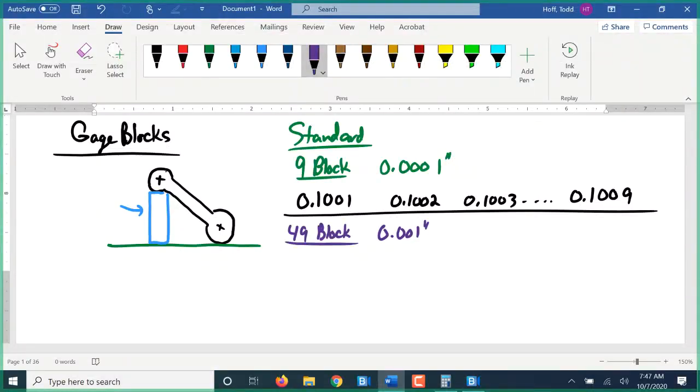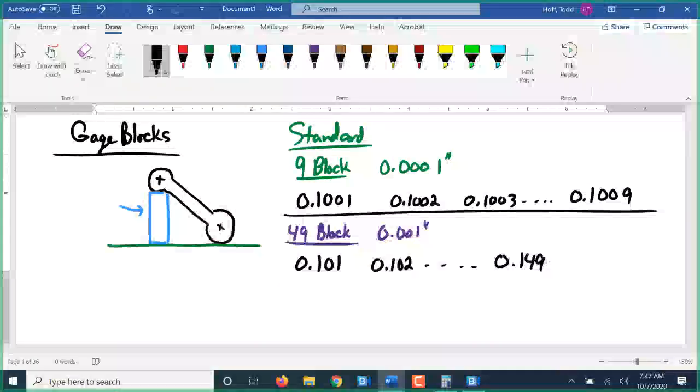So in this series, we still put 1/10 of an inch with it. So it's not just 1,000th, it's 101,000, 102,000, and this goes up to 149 thousandths of an inch. So there's 49 of them, 101 to 149.